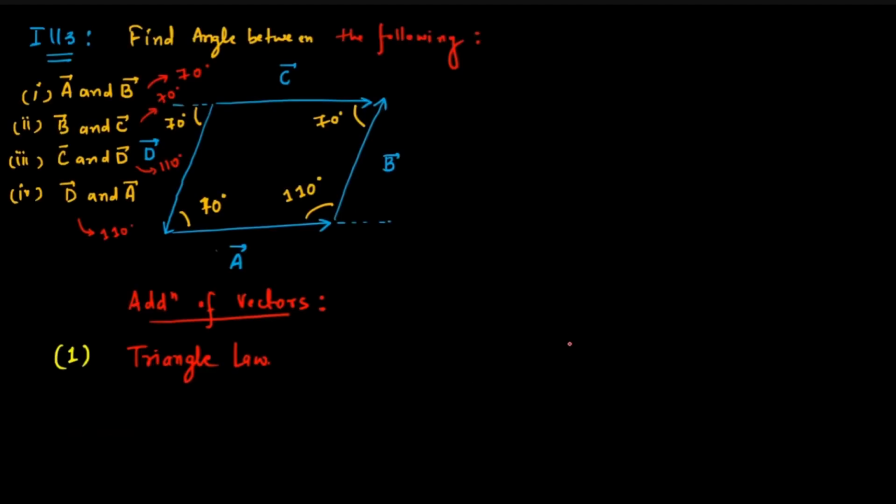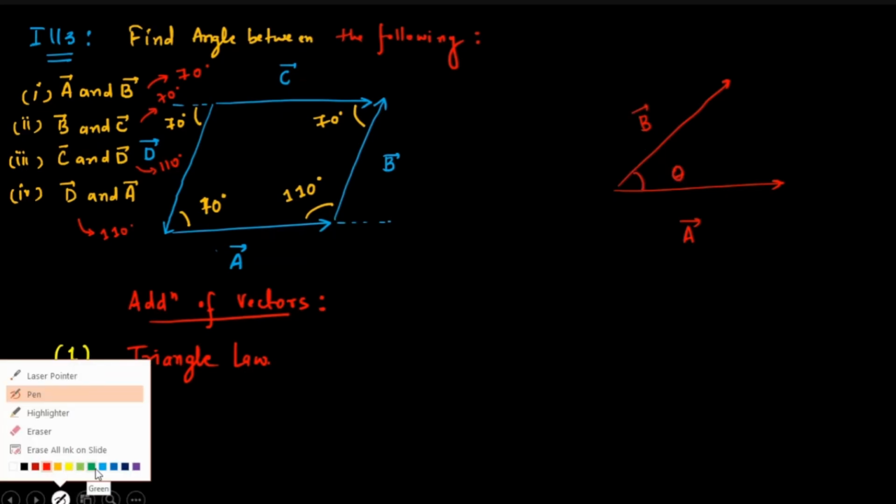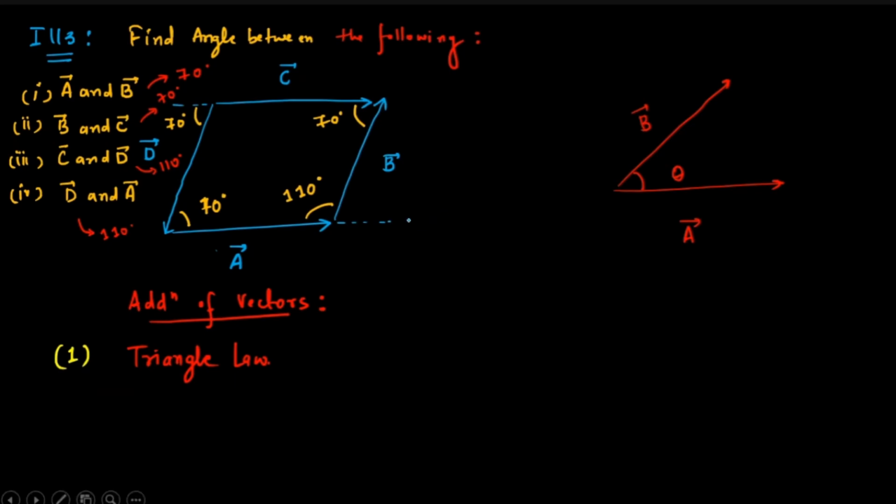So suppose we have two vectors and the angle between the two vectors is given by theta. This is A, this is B. The angle between them is theta. Whenever we are adding two vectors, we need to understand that the sum of these two vectors must lie in between the given two vectors.